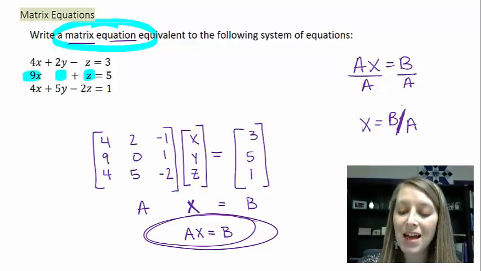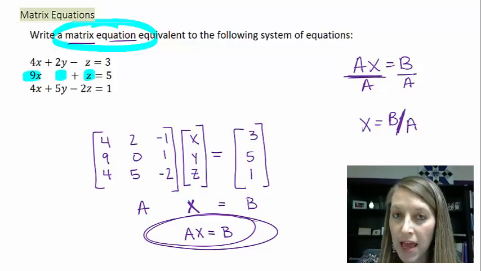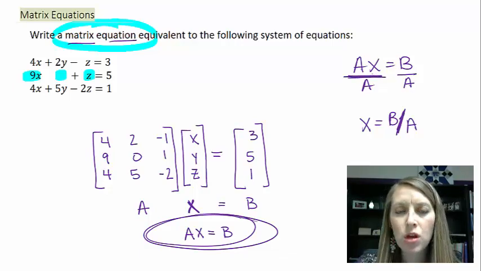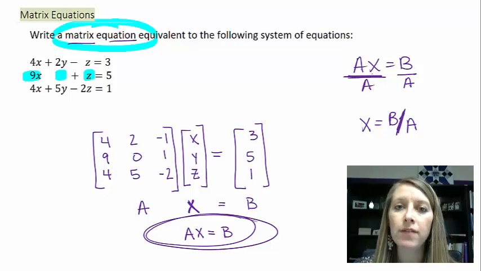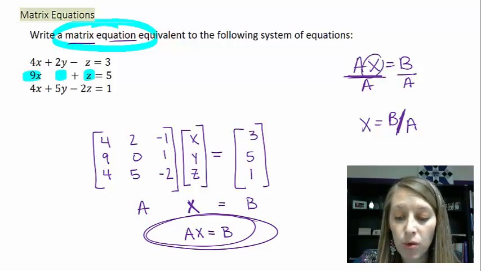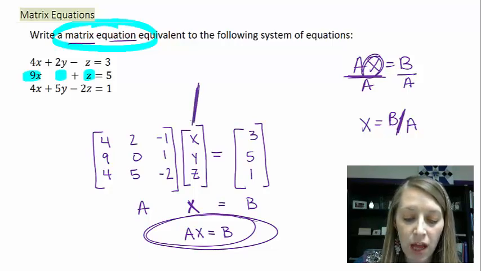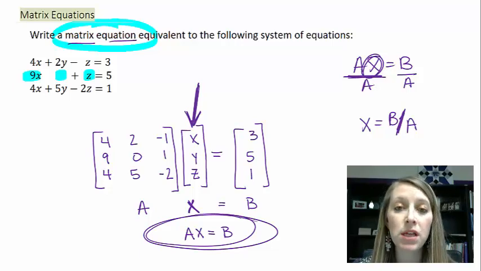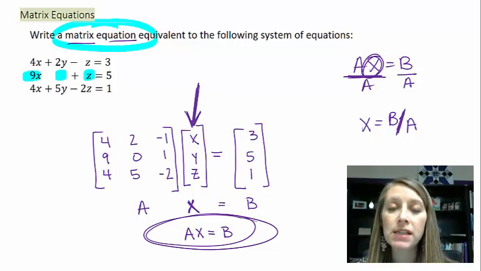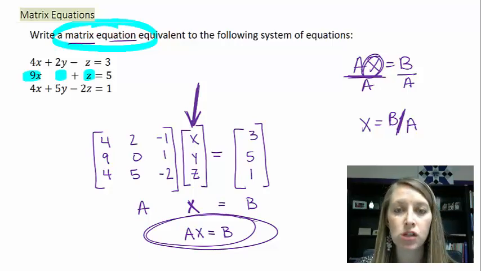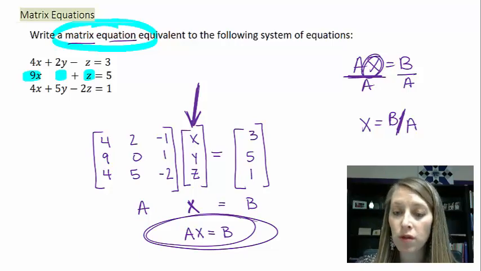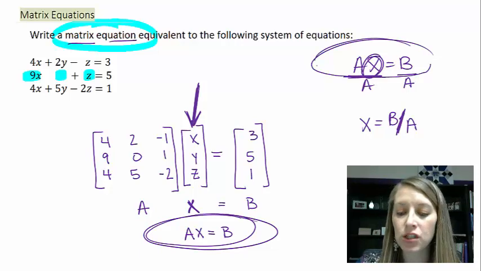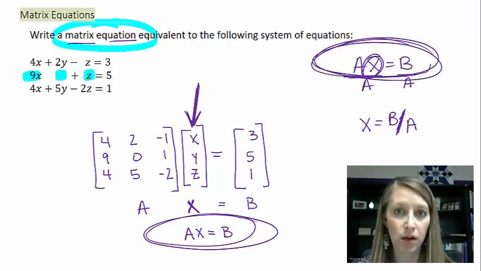If I cannot divide by A to isolate my X, then what operation do I have to use instead? I have to be able to isolate this matrix here because that's going to give me my solutions. That's exactly what we're going to learn in the next section: what operation takes the place of matrix division, because there isn't any matrix division. And once we learn that, how do we use it to solve this system of equations right here?